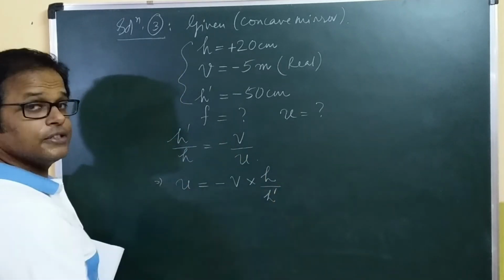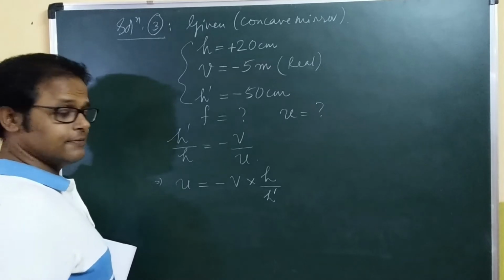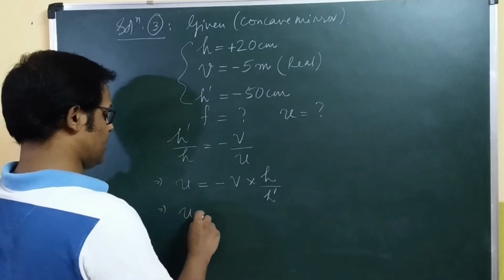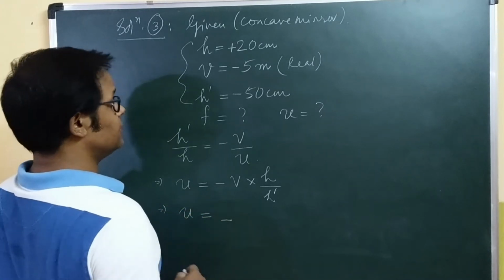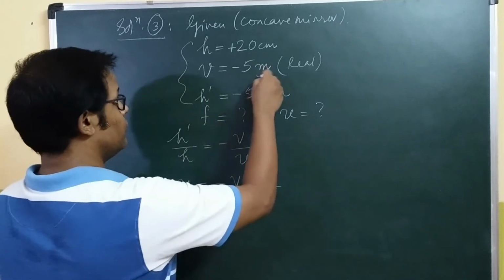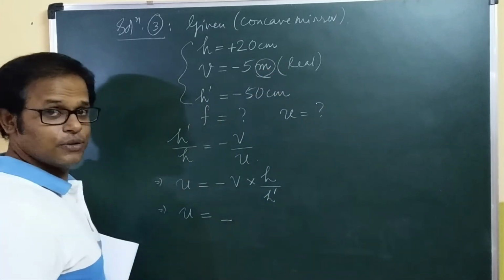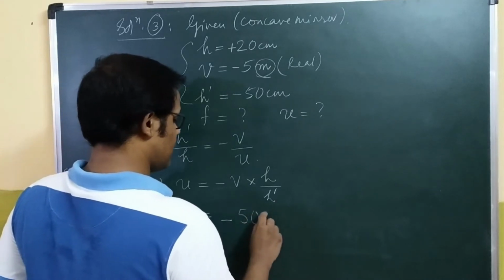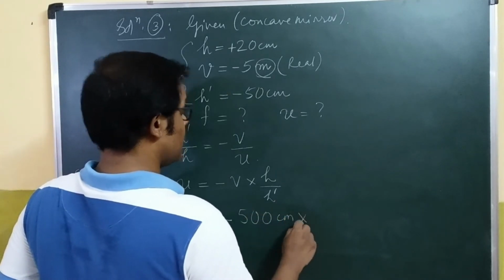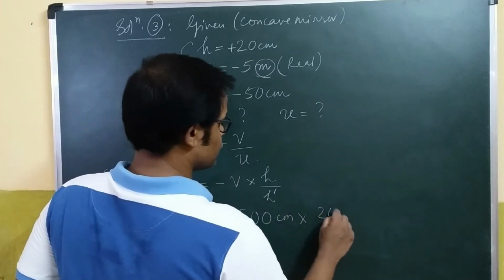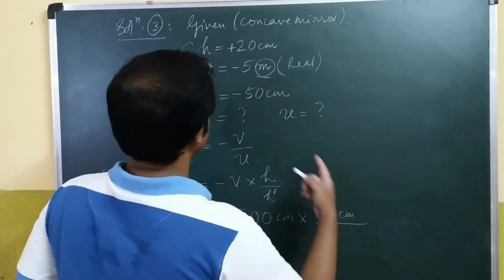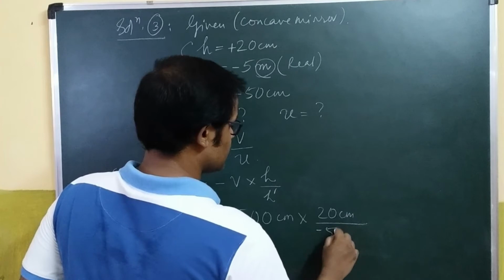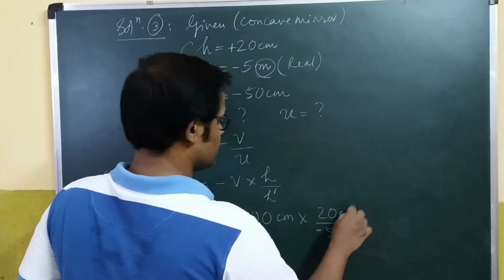Is that clear? So u has to be minus v. V is given in meters. Please mind it. Don't forget to convert it into centimeters. So it has to be minus 500 centimeters into the height of the object, plus 20 centimeters, by the height of the image, that is minus 50 centimeters.